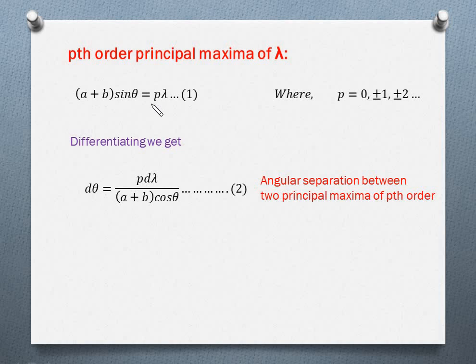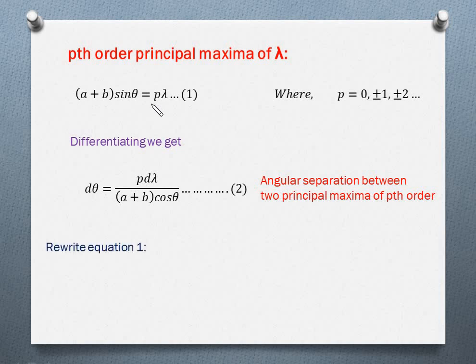Suppose your first source is making a principal maxima at angle theta, and the second source is making the pth order principal maxima at theta plus d theta. So this d theta is the angular separation between these two principal maxima.